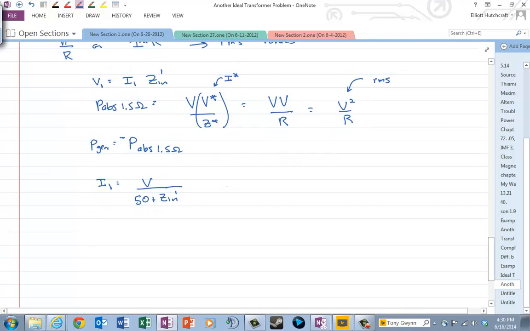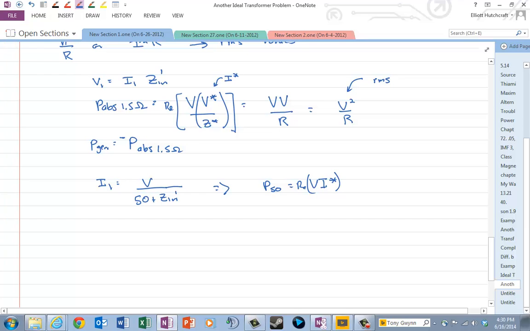So then once I do this, I can say the power in this 50 ohm is equal to, again, the real part of V I conjugate. It's all real, so we don't have to worry about this since V conjugate and V, and Z conjugate, are all real values.